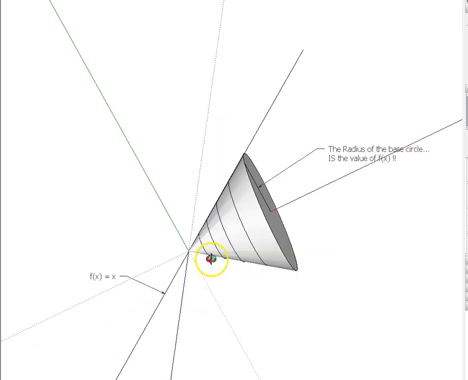And the radius of the base circle we used moving along the x-axis here, the red line, is the value of the function. As the value for x changes, we know it as dx, the radius changes as well, creating larger and larger circles, which integrate to create a cone.